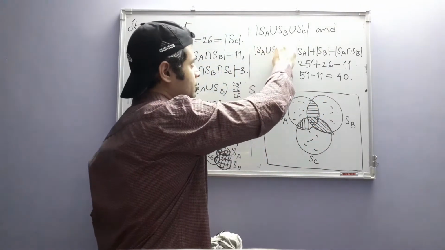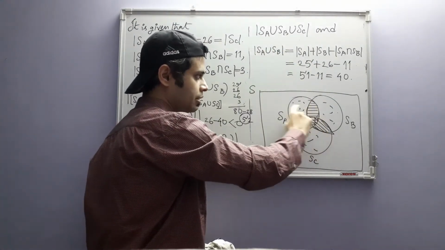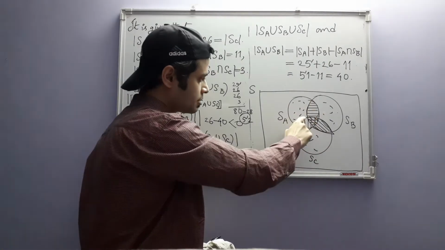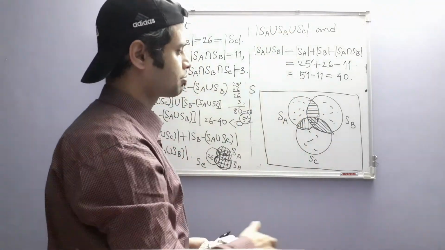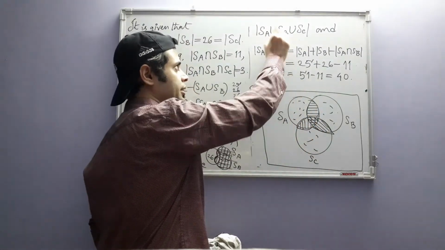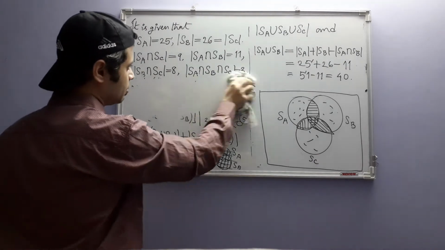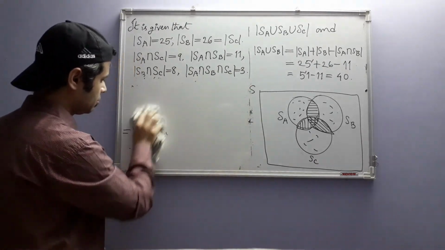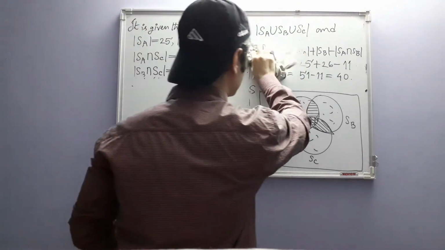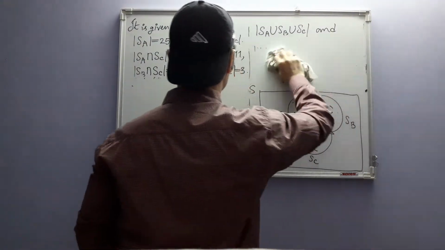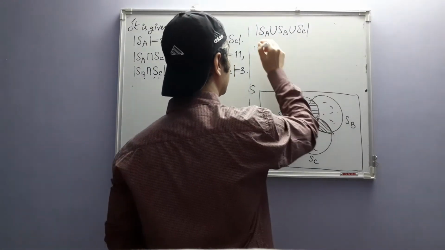We are subtracting from this one, right? And this set with the lines is a subset of this set. So whatever we are subtracting, those elements are already here, so we will get the correct answer. So this part is not necessary. And 52, right? We have to remember. This is 52.